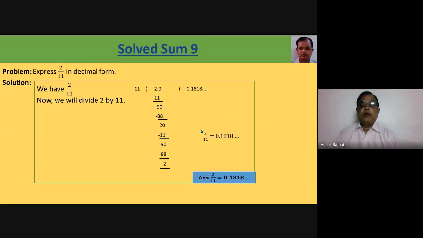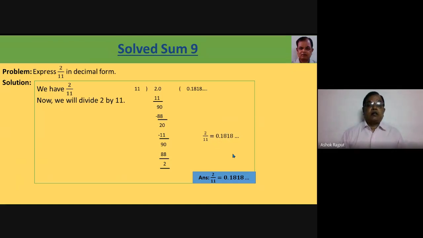So we can write 2 by 11 equal to 0.181818 up to infinity. So the repeating term is 18. We can also write it sometimes as 2 by 11 equal to 0.18 bar. The bar is not written here.